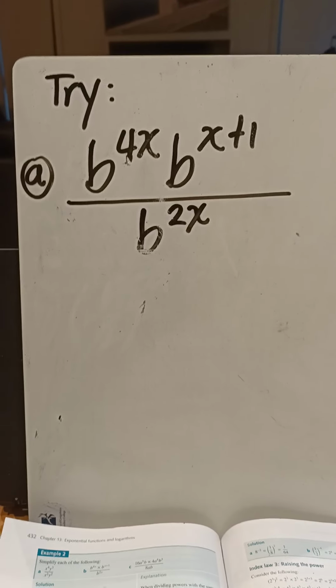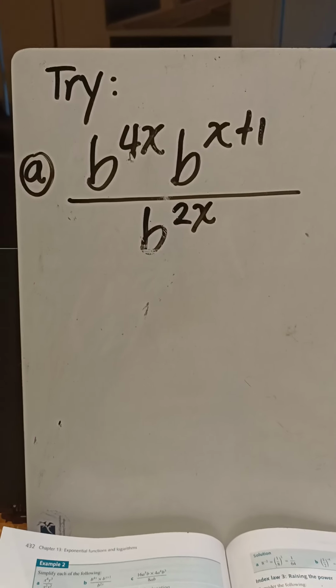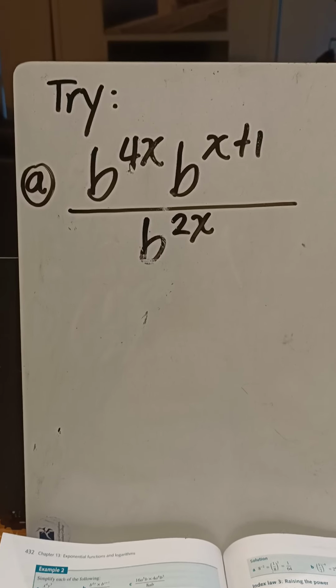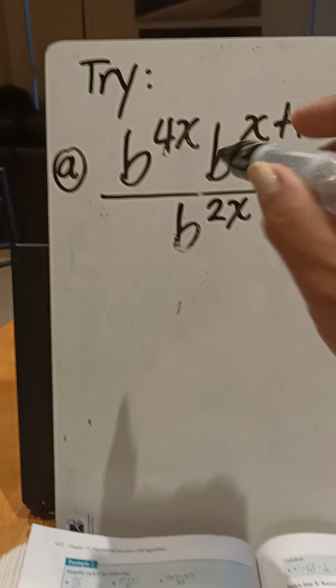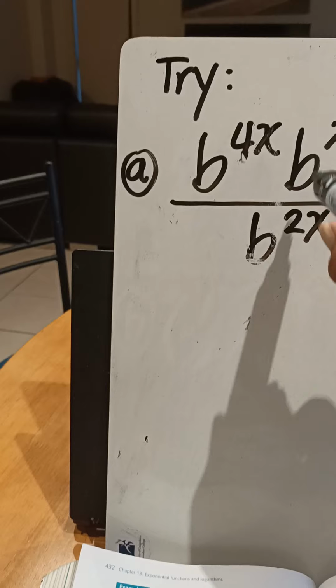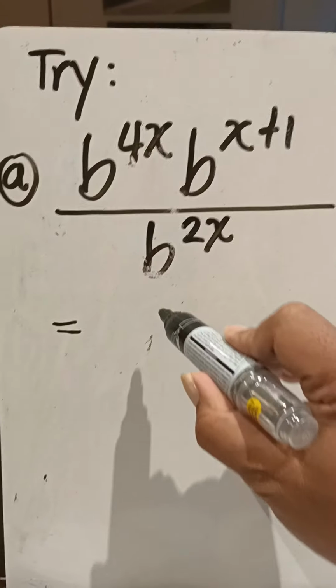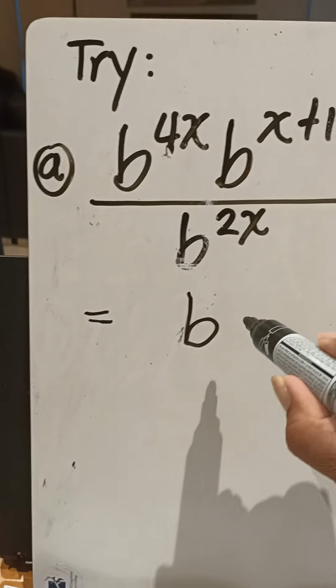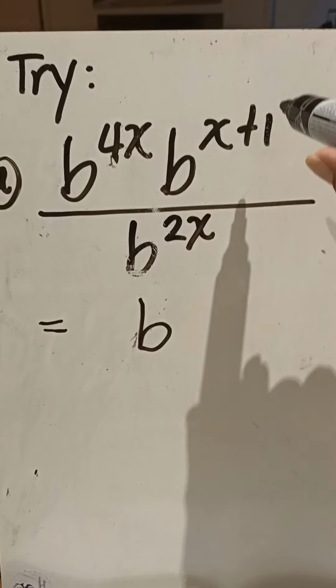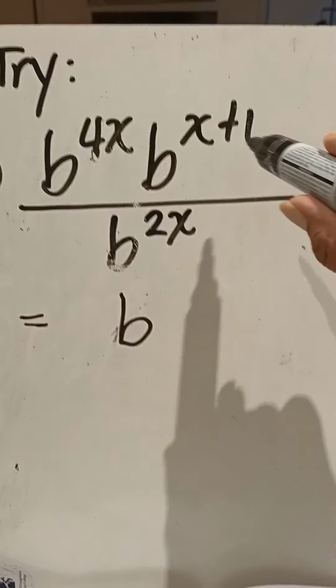All right, you probably have an idea on how to solve it. So do the numerator first. We've got two b's in here. So you would copy the base, which is b, a to the m times a to the n is a to the m plus n.